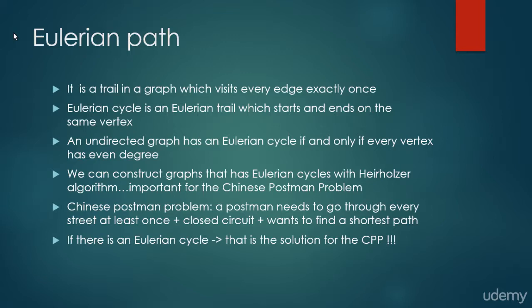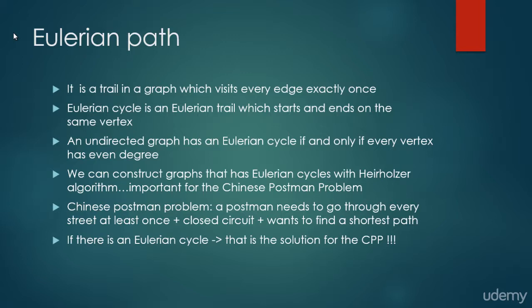Let's talk a bit about the Eulerian path. It is a trail in a graph which visits every edge exactly once. So what's the main difference between Hamiltonian and Eulerian path? The Hamiltonian path visits each node, each vertex exactly once, and the Eulerian path visits every edge exactly once.